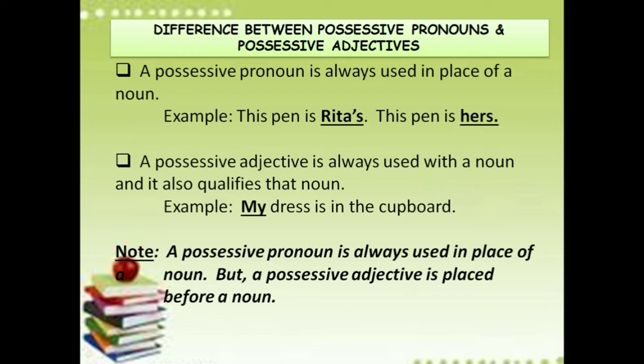A possessive adjective is always used with a noun and it also qualifies that noun. For example, my dress is in the cupboard. And an important note: a possessive pronoun is always used in place of a noun, but a possessive adjective is placed before a noun.